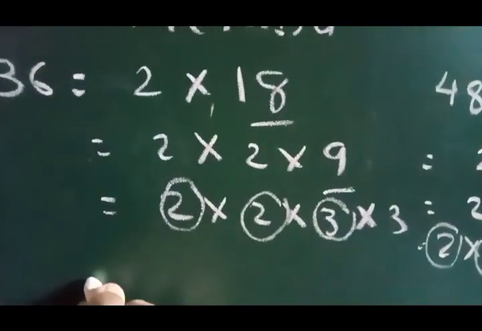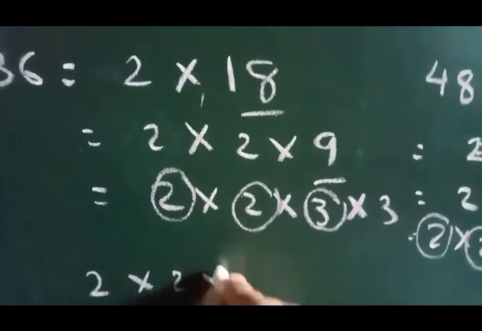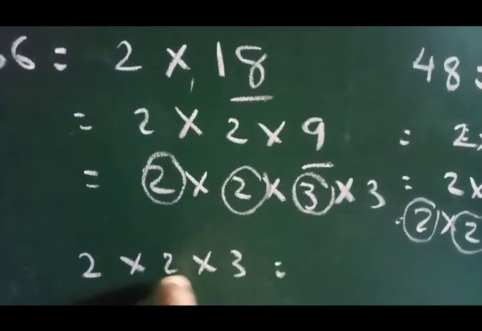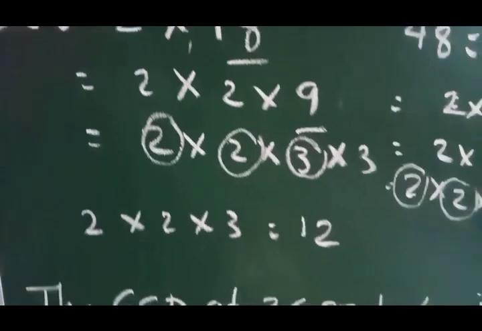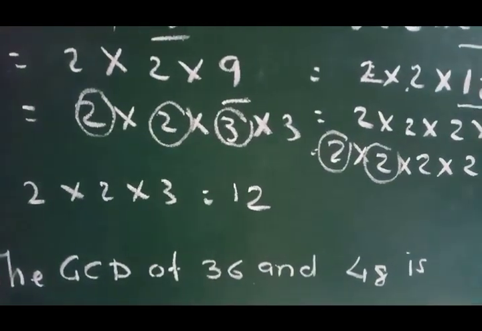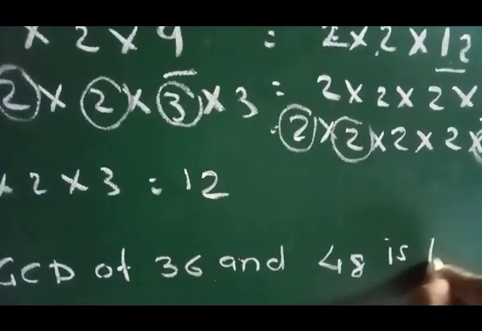So 2 times 2 times 3 equals 12. Therefore, the GCD of 36 and 48 is 12.